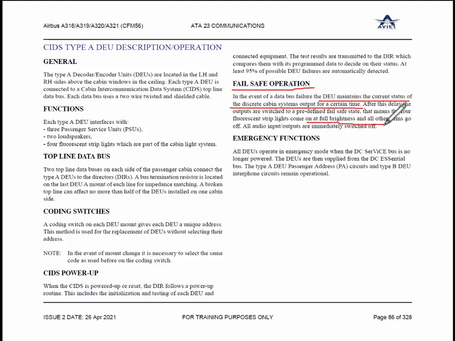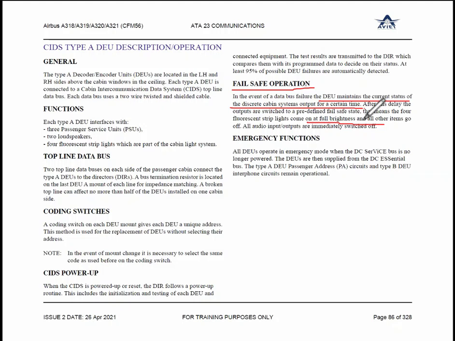So then the lights will not have any control. They will be on throughout. If a particular DUA fails in operation, it will maintain the status for some time, and after that it will go to the fail-safe mode and all the fluorescent lights will go to full brightness. So the cabin crew cannot control them as dim 1, dim 2 or bright.